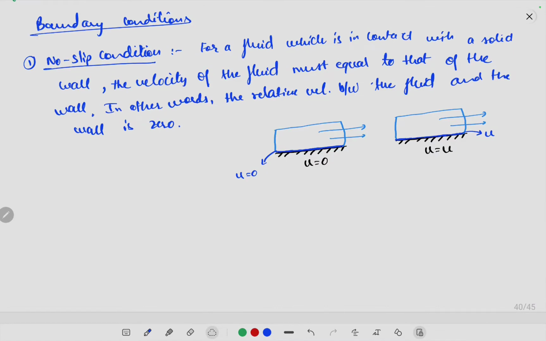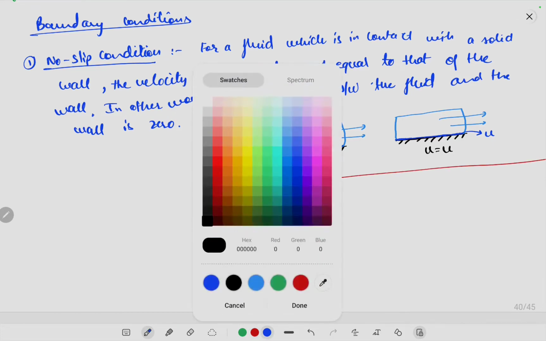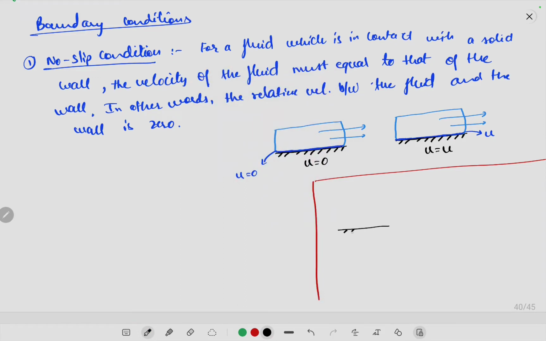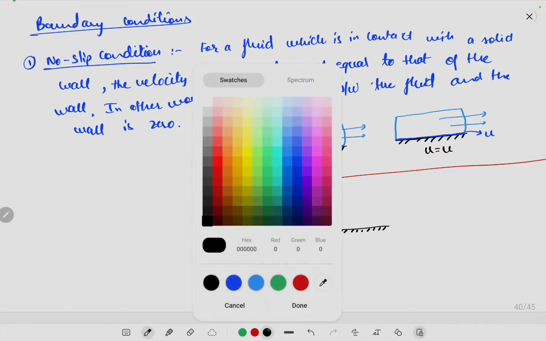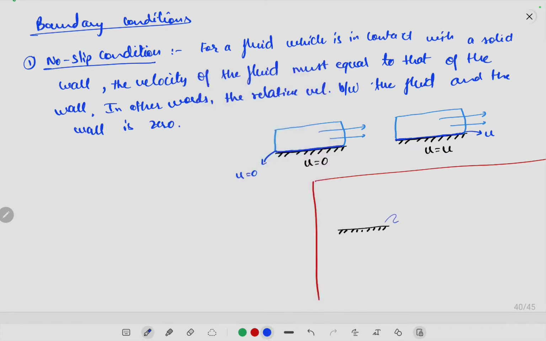Since I am discussing the no slip condition, let me also briefly discuss the slip length. Let's again consider your solid wall. There have been some studies where people have found that for very small channels, if this distance is of the order of nanometers, then the no slip condition does not hold within a few nanometers of the wall.